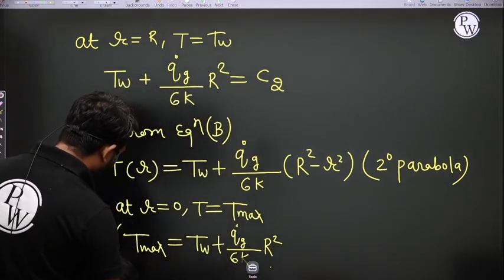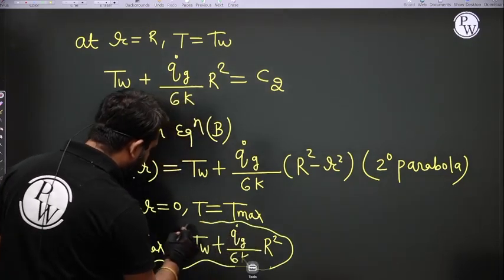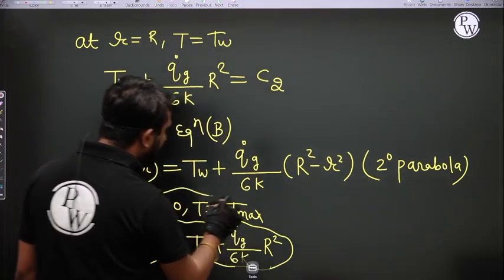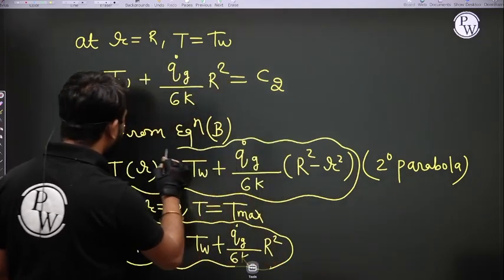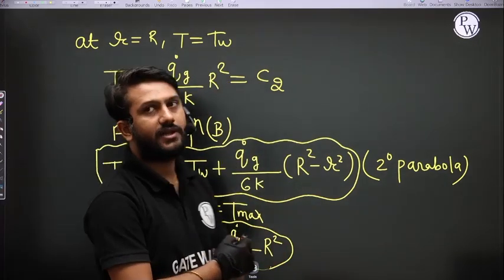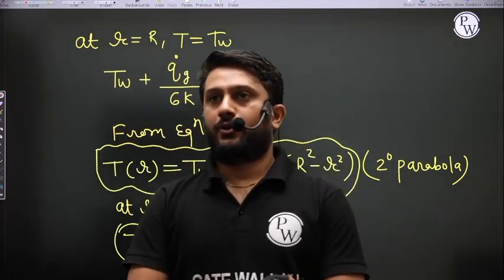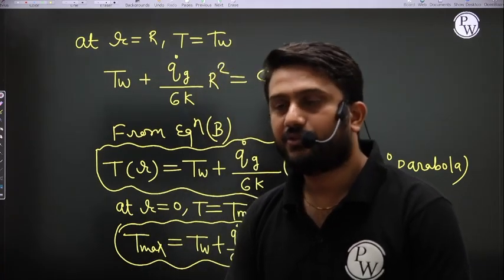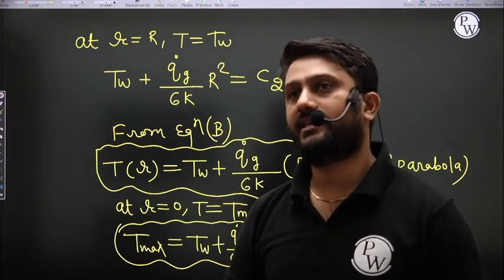So this is the T max, and this is the variation of temperature with R. Okay, so I hope this is clear. So this is the solid sphere with internal heat generation.